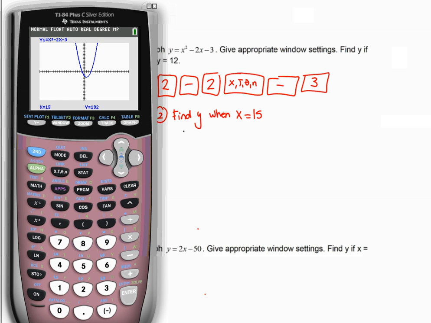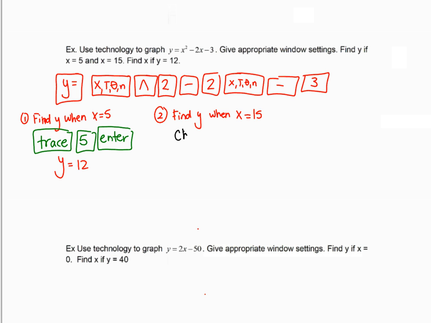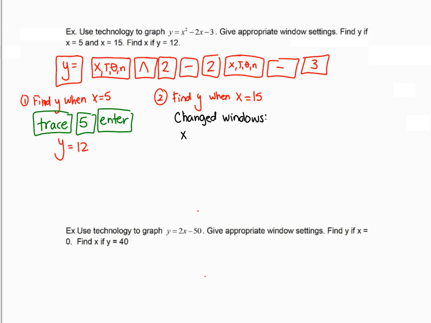So I'm going to write this, changed windows. How we write the windows is as follows. We write them like this, in square brackets: x with a colon, then in square brackets we write the x minimum, comma, x maximum, comma, the x scale.